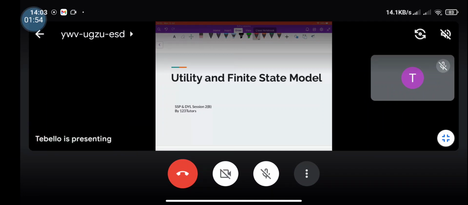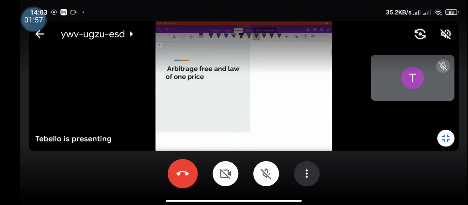Okay, no problem. So I'm going to start straight on arbitrage and the law of one price. I'm not going to explain much about arbitrage.